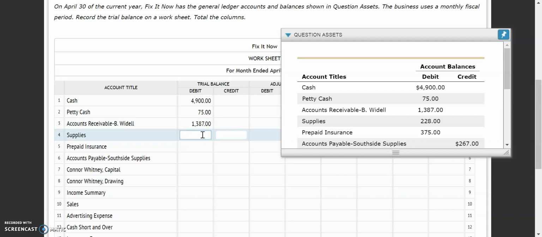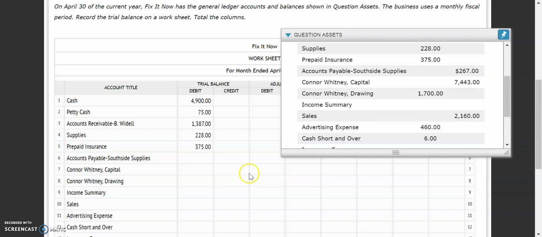Supplies has a debit balance of $228. Prepaid insurance, $375 debit. Accounts payable, $267. The capital account has 7,443. That's a credit. The drawing account has 1,700.